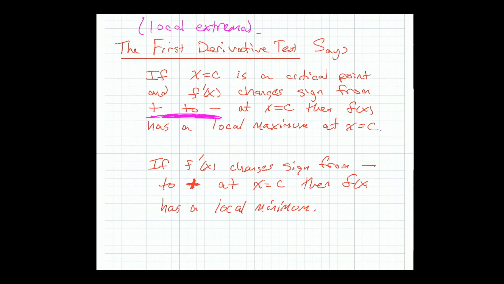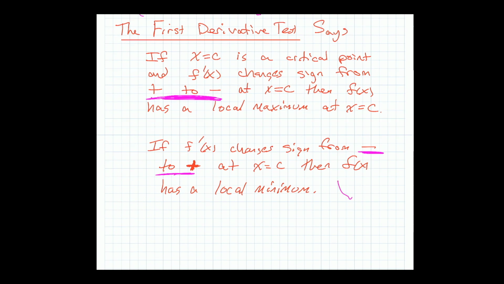And the other way as well. If you went from minus to plus, that means it was going down, but then it started going up again. Well, if it went down and then started going up, then it must have hit a minimum value. And so that's all the first derivative test is saying, okay?